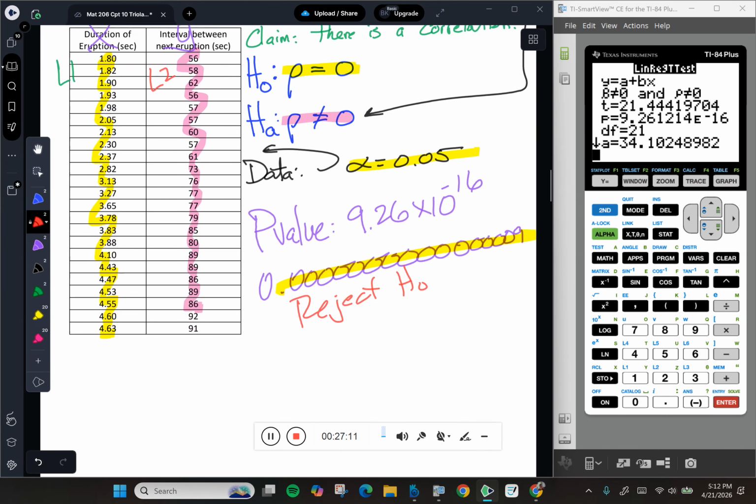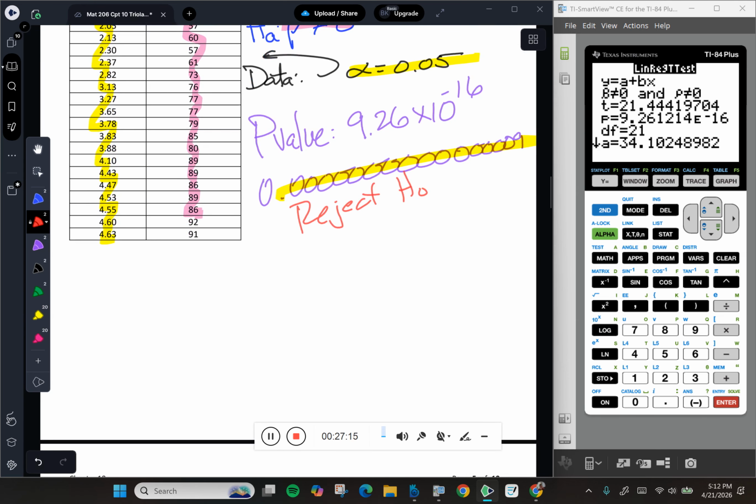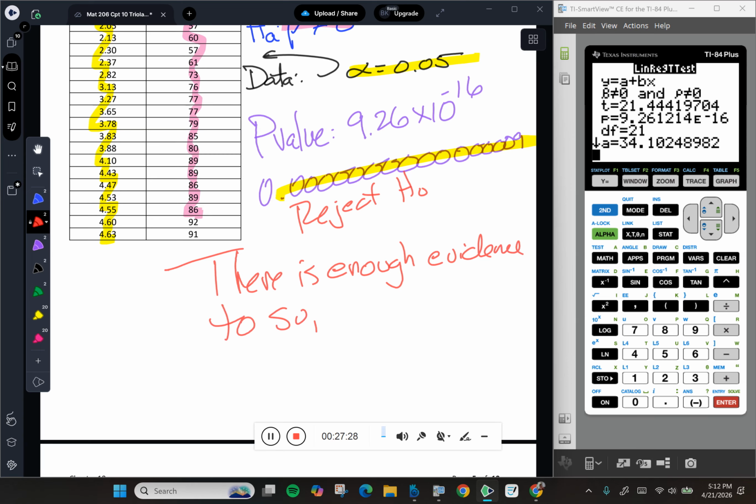Okay. And since the claim was the alternate hypothesis, we would say there is sufficient evidence to support the claim of a, and what was our claim again?